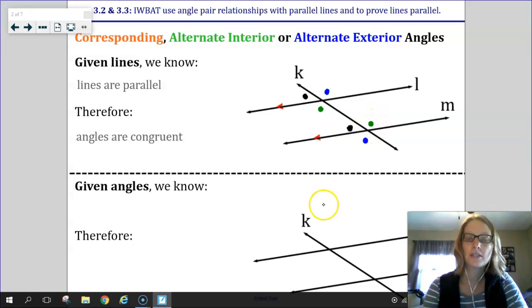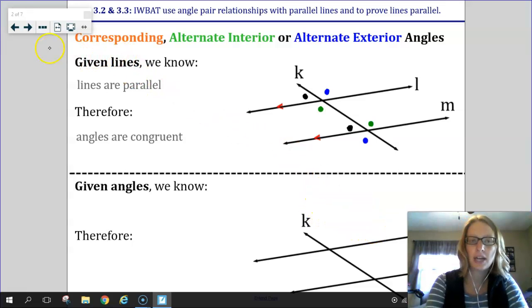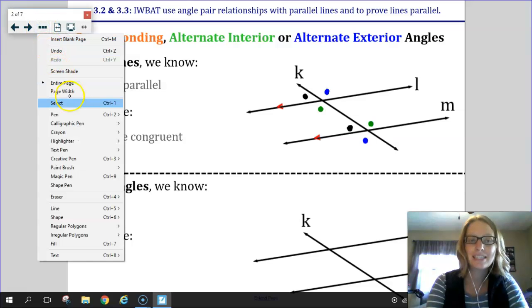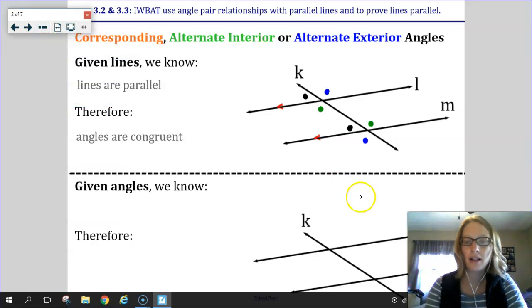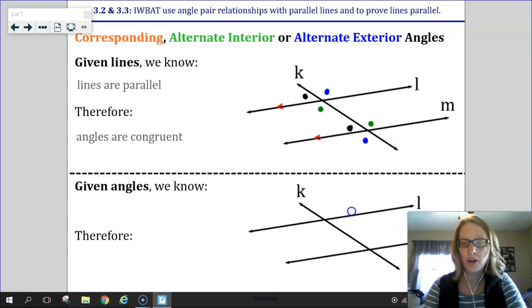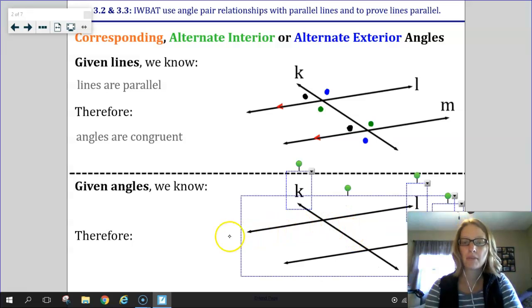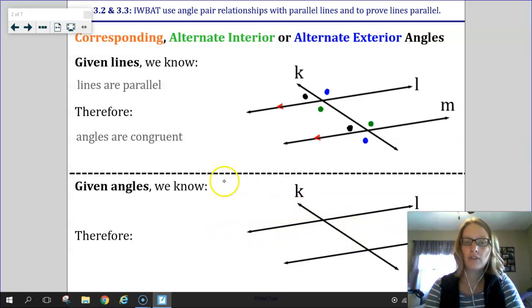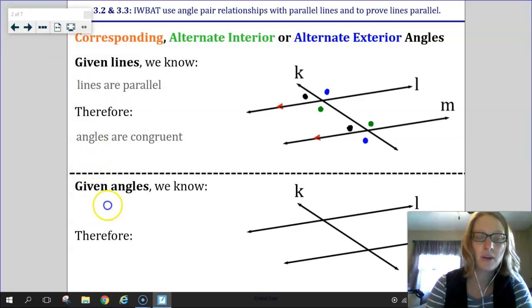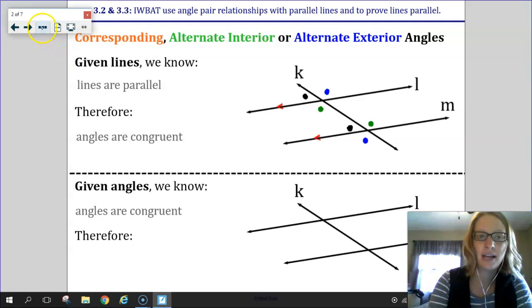Now, this works the opposite way as well. So down below, we can see that in this particular diagram, we do not see those parallel marks on L and M. There are no arrows on L and M. What I do know, however, is that if I were given a pair of angles that were congruent, I could decide the lines were parallel.